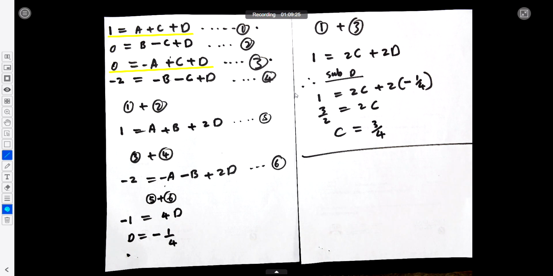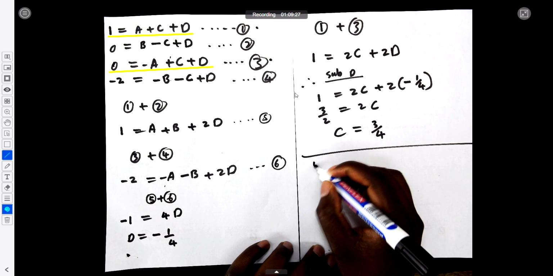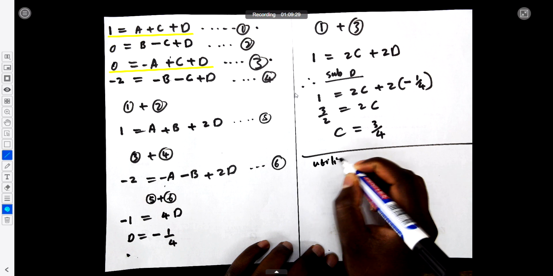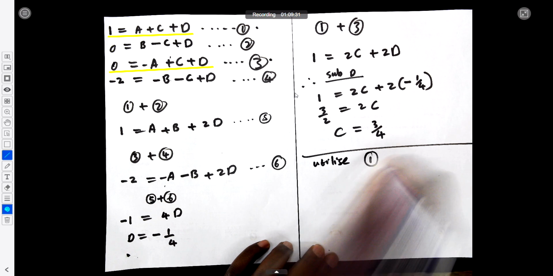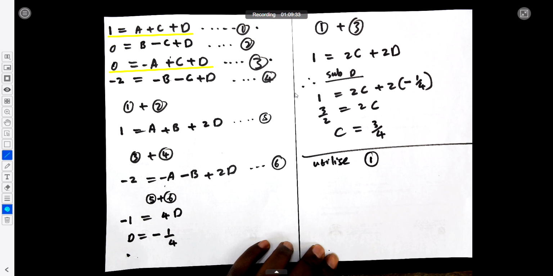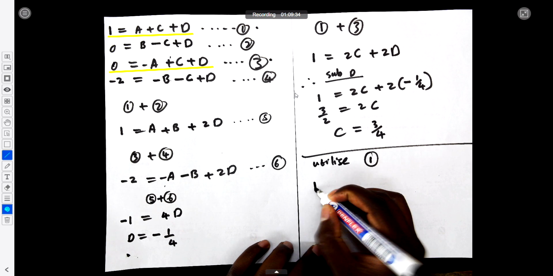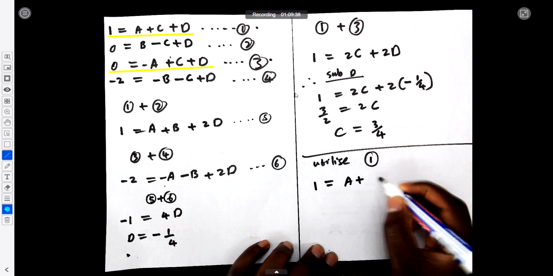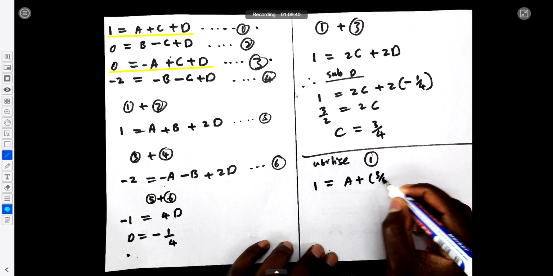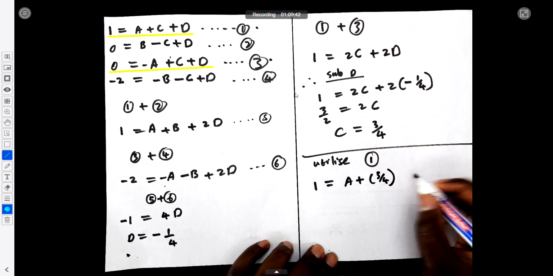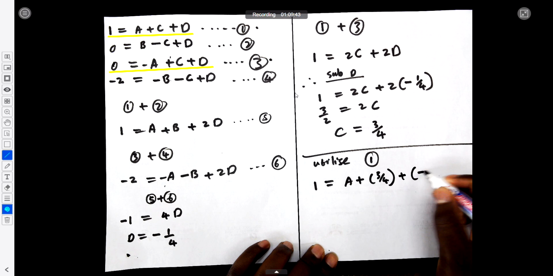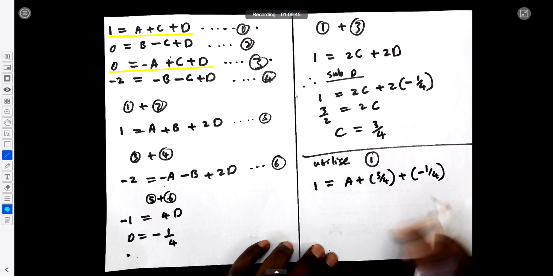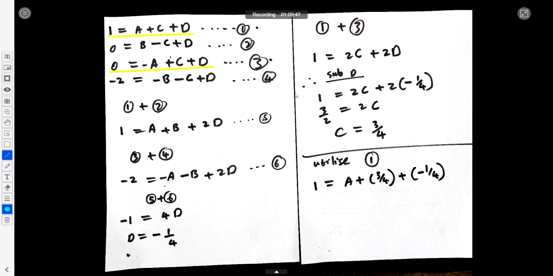We calculate. So we'll now utilize equation 1. So utilizing equation 1, we're going to say equation 1 is 1 equals A plus C. C is 3 over 4. And then D is negative 1 over 4.